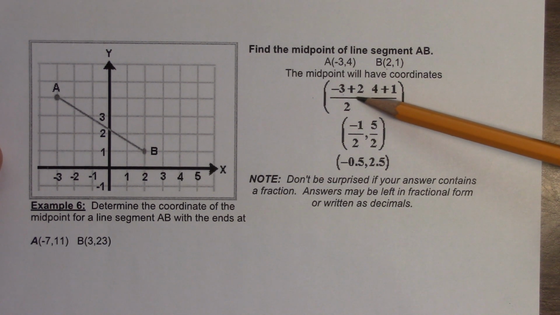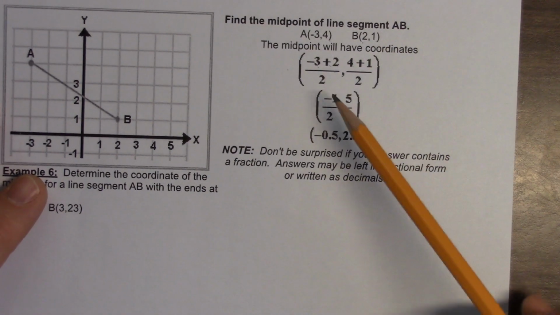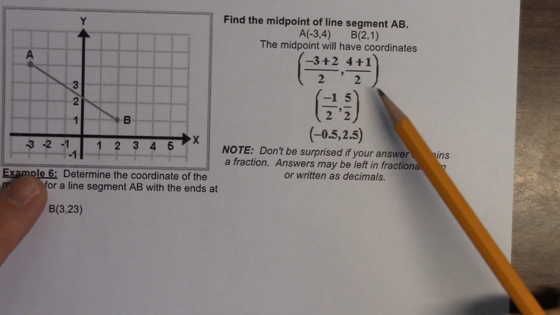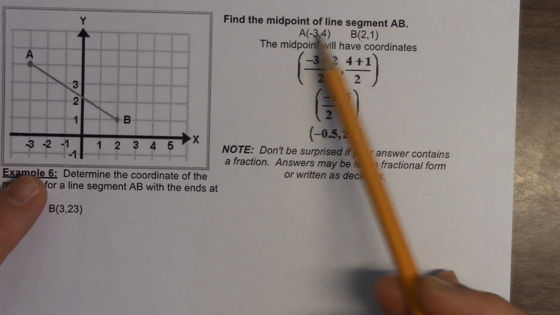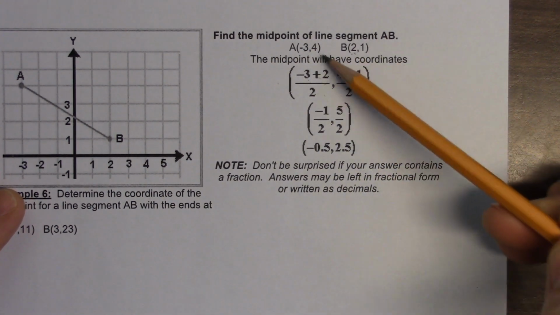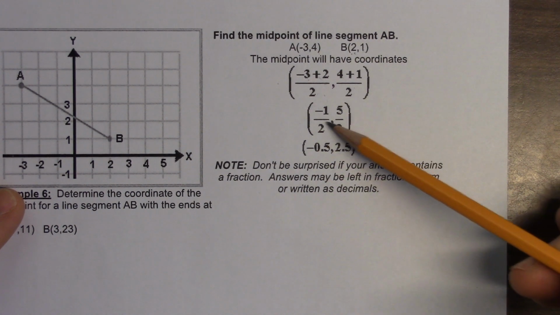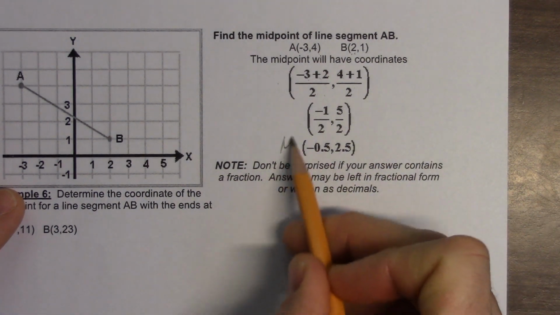We add x1 plus x2, and we divide by 2. So we get this, negative 3 plus 2 divided by 2. And then y2 plus y1 divided by 2. And we get this for our midpoint.